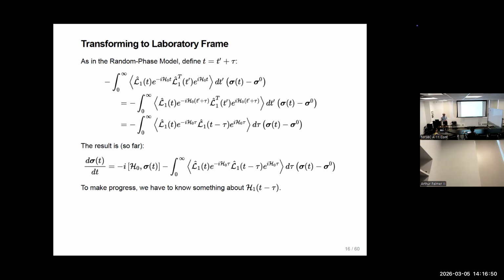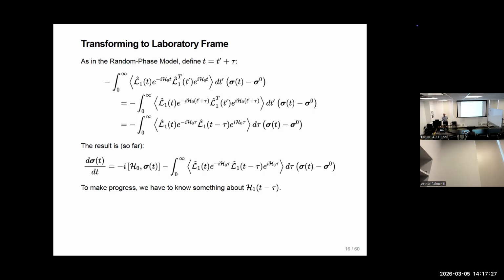And while it looks like things depend on t, they don't really. And t is arbitrary at this point.